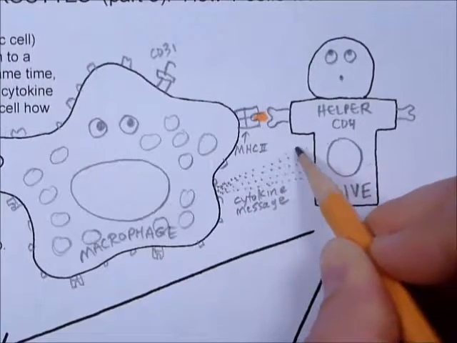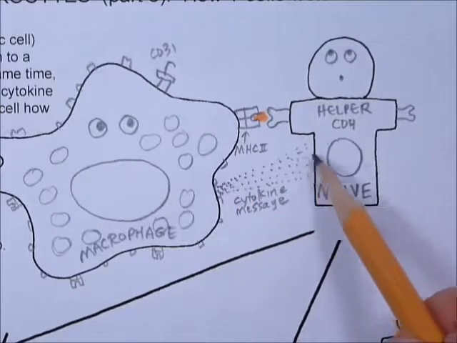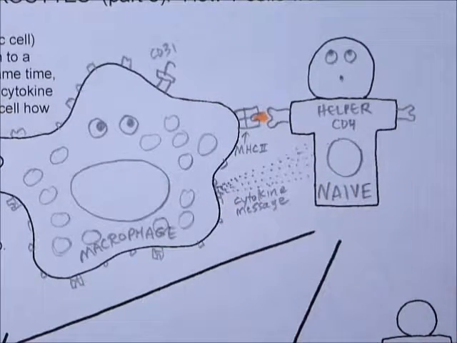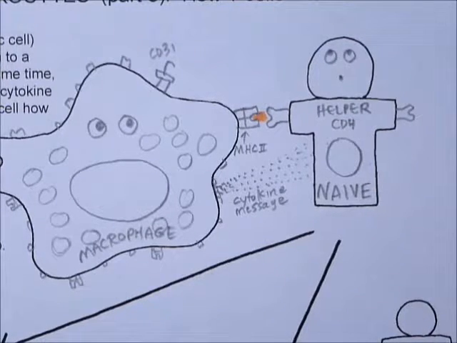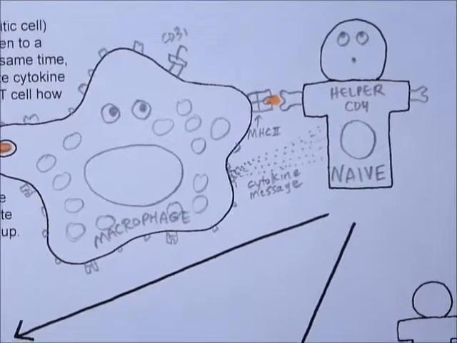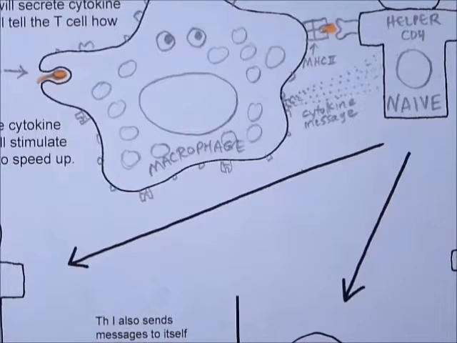And they don't really understand exactly how this works. There's still a lot we don't know about this. But we do know that the macrophage is probably responsible for telling this guy what to do. So the message will be either to go look inside the cell or look outside.